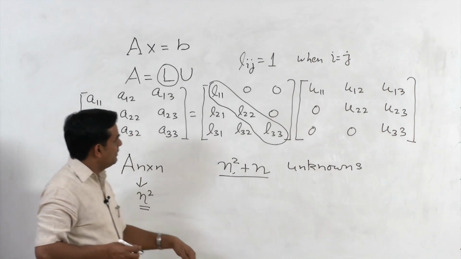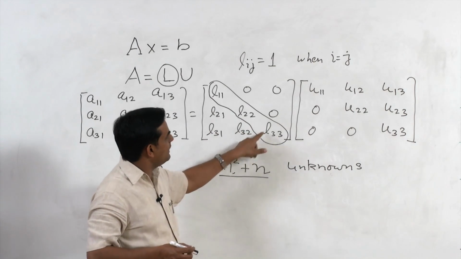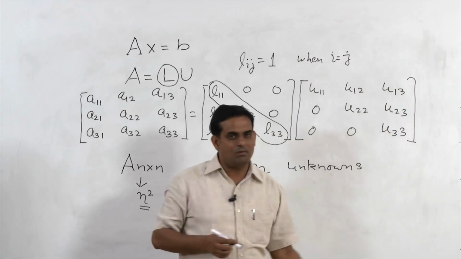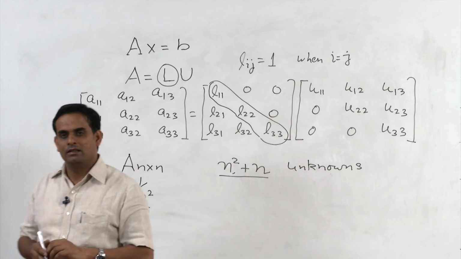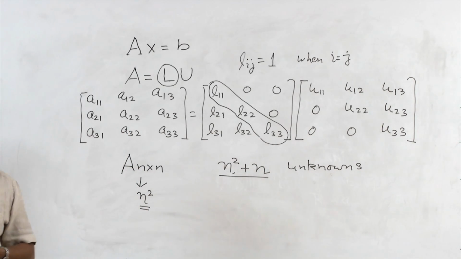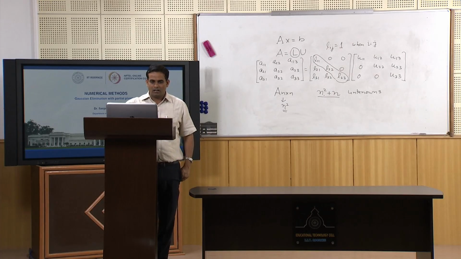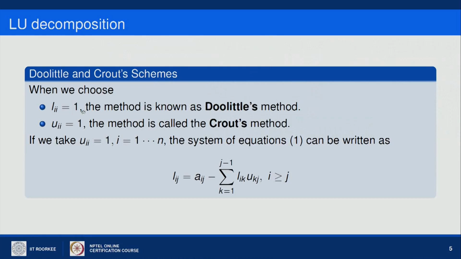Or instead of this, I can take all the diagonal entries of my upper triangular matrix as 1. So, if I take the diagonal entries of the lower triangular matrix as 1, the method is known as the Doolittle method. If I take the diagonal entries of the upper triangular matrix as 1, the method is called the Crout method.